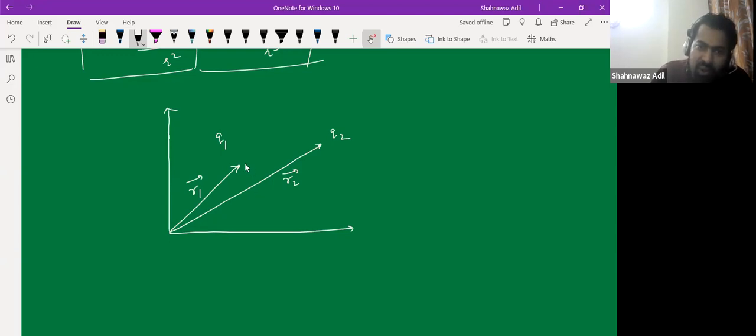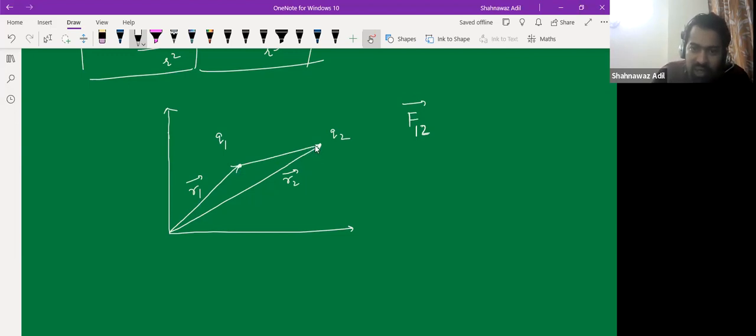And then I want to calculate the force on charge 1 due to the second charge, right? So I am calculating the force on this charge due to this charge. So let's say this is the distance between them. What do we know about this separation?